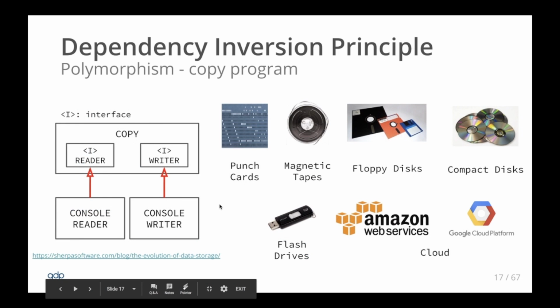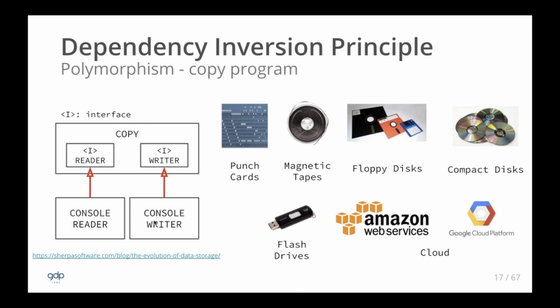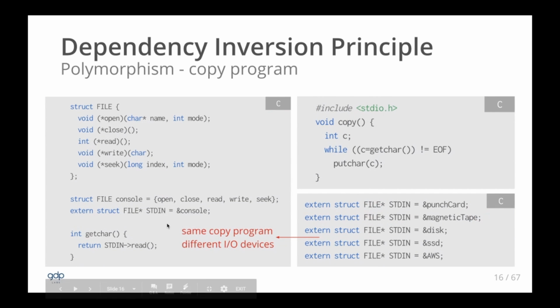We have learned to make the reader and the writer depend on the copy program and not the other way around. So why do we bother to make this kind of pointer to functions just for this simple copy program?